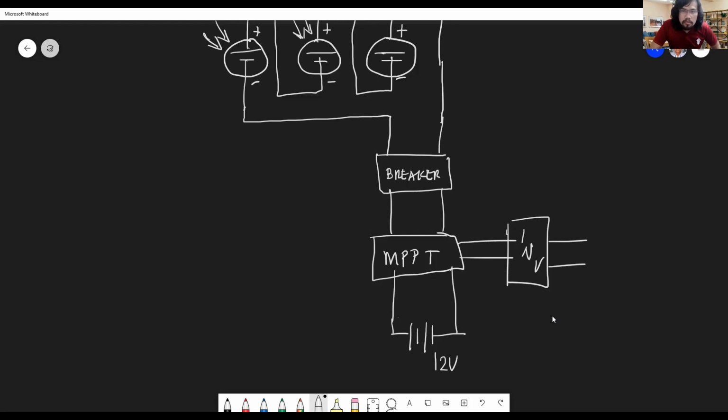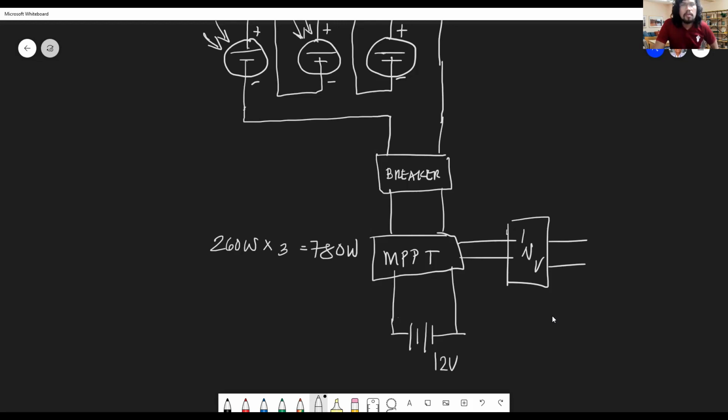So to determine the MPPT, what needs to be done is to just multiply the number of modules by the load, 260 watts times 3, that's going to be 780 probably.